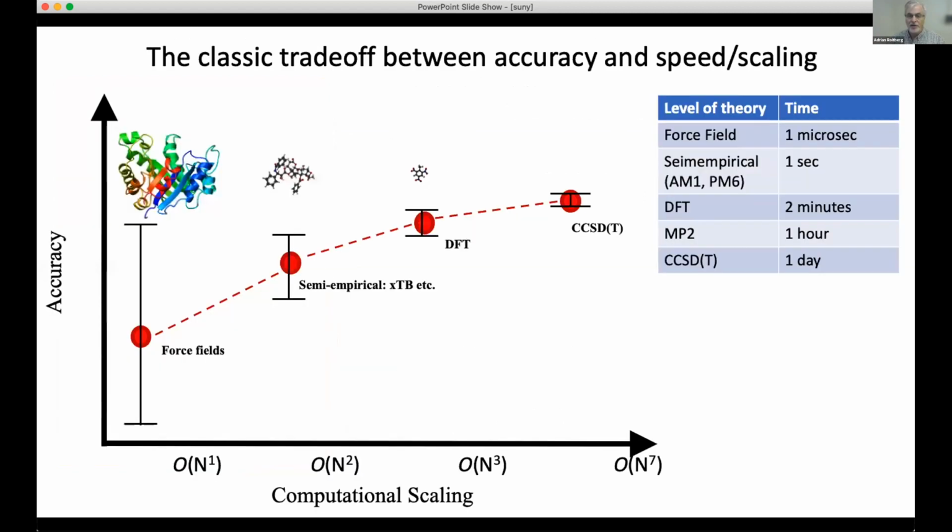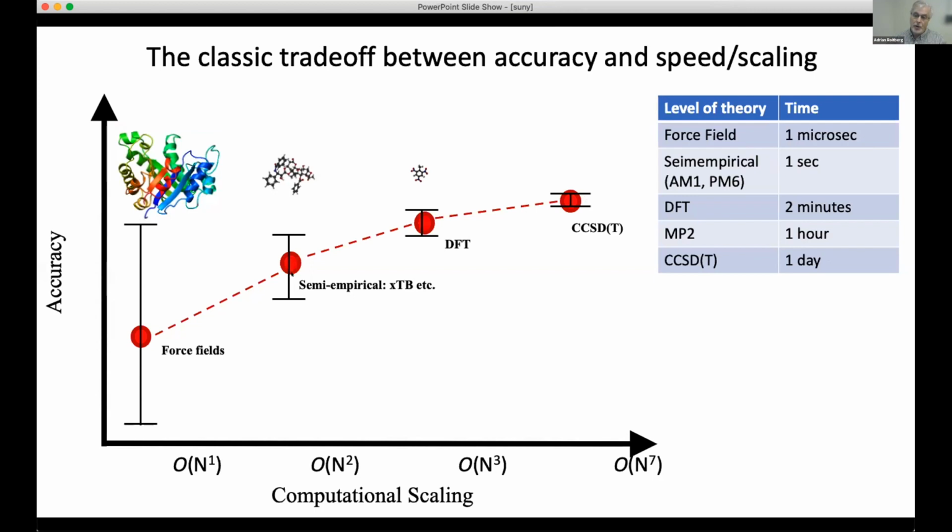The problem is that those things are literally incompatible with each other. If you want to have a very accurate method, historically like coupled cluster theory, then you need to be willing to spend half a day doing a single calculation for a reasonably small system, and then you're going to get accuracy, but you're not going to be able to do much else, right?